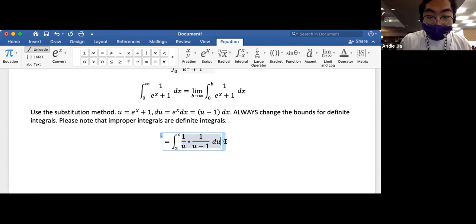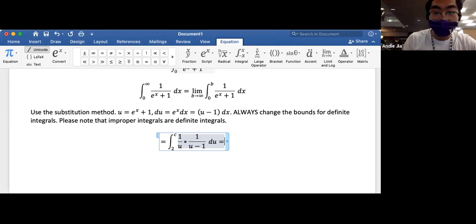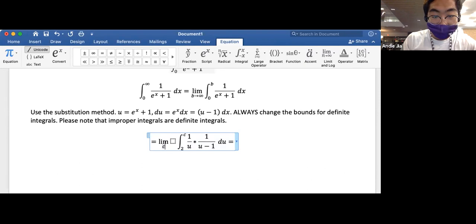I forgot the limit as c approaches infinity here.